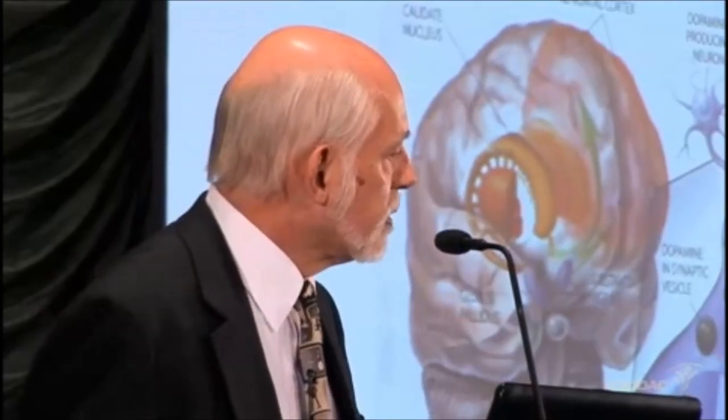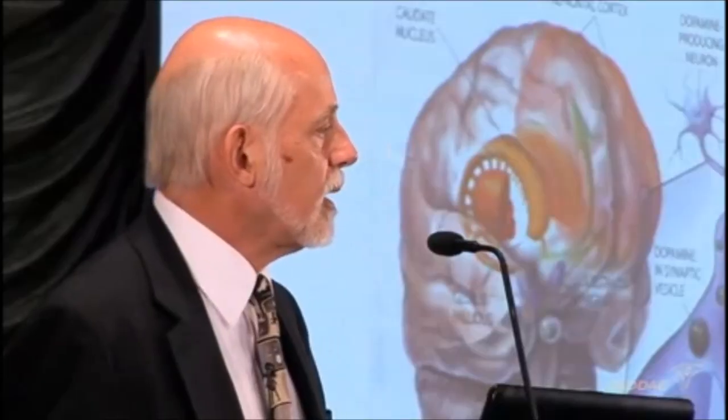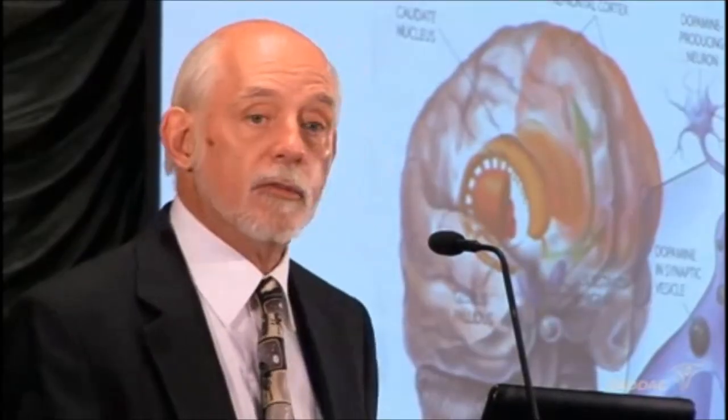ADHD is a spectrum disorder, and biological relatives of affected patients do show some symptoms of ADHD, but not the full disorder. This is very much like autistic spectrum disorders in that sense, where we see elements of autistic-like symptoms, but not full disorder or diagnosable disorder in those individuals.